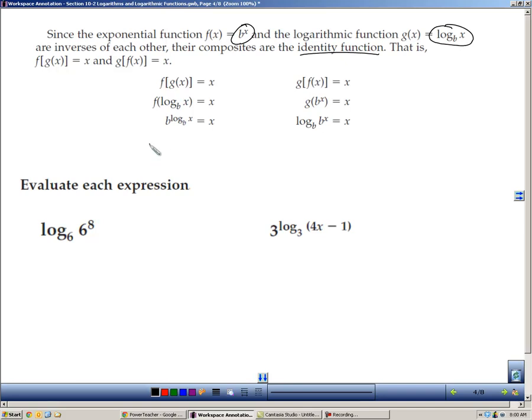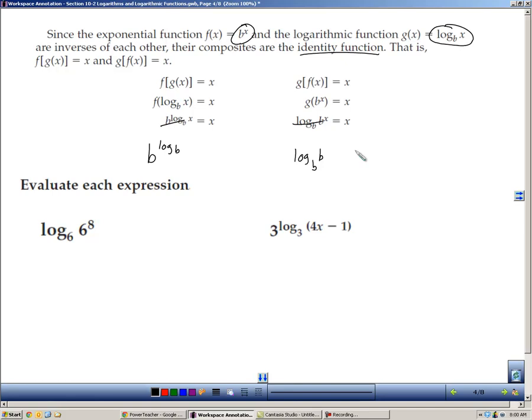So when you take a base and you take that to the log base b power, those two things end up wiping each other out, leaving you whatever the value after the log is. Likewise, if you have a log base b and you take that of b to the x power, you end up wiping the log and the base out, leaving the exponent x, which is the identity function.